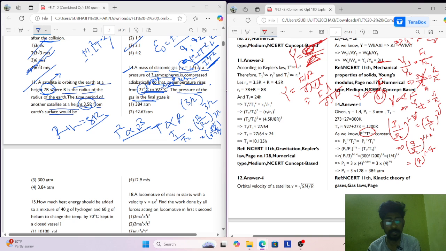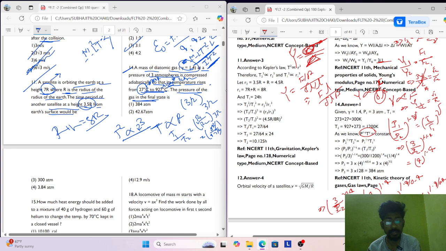Now 3 by P2 will be 4 to the power (1 by 1.4) divided by 0.4. So P2 will be 3 into 4 to the power 1.4 divided by 0.4.